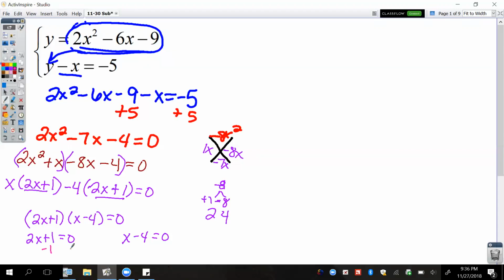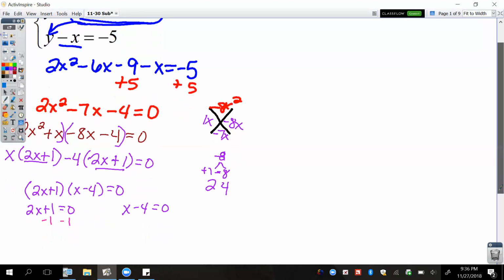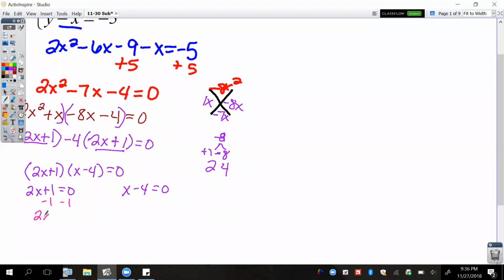I subtract 1, so I have 2x equals negative 1. Then divide by 2, x equals negative 1/2. Over here, I'm going to add 4, so x equals 4. If you did this by the quadratic formula, you should get those same exact solutions.